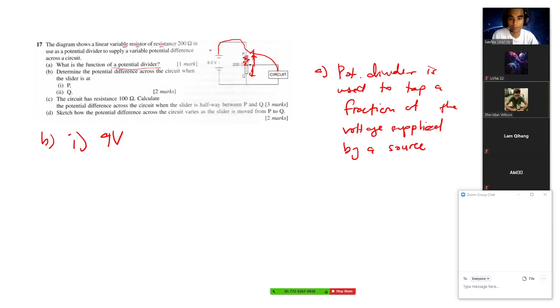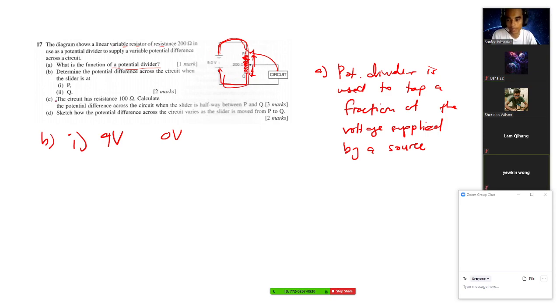But if it goes through the resistor and everything to Q, it goes back to the 9, which means that it has 0 voltage, because when it goes through one complete circuit, it has to be 0.